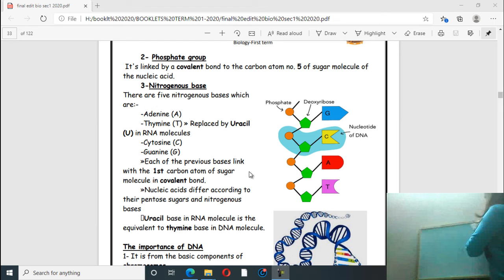Here is the cell, and inside the cell there is a nucleus, and this liquid is called cytoplasm. We have the DNA here.